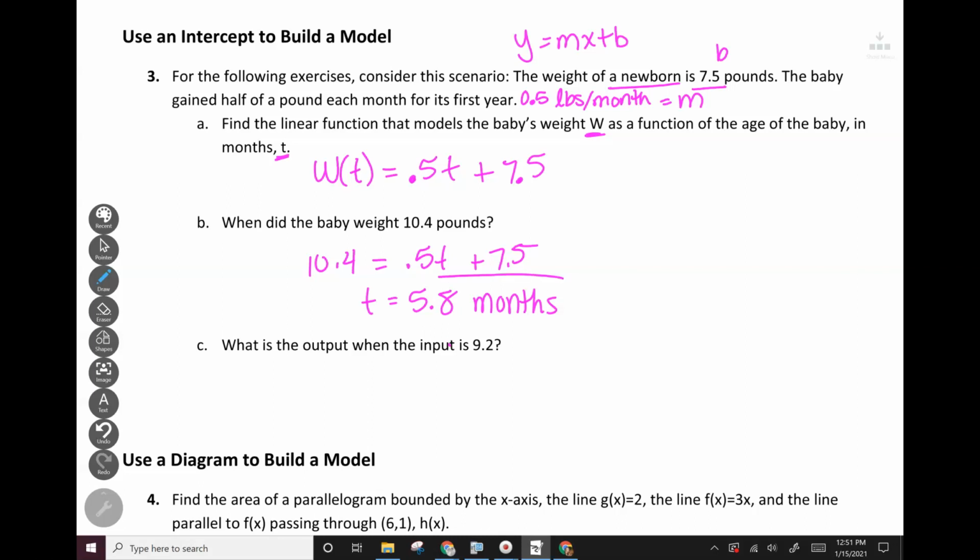Now C. What is the output when the input is 9.2? If the input is 9.2, then they're saying 9.2 months, right? Because our input is t, and t is in months. So we're doing w of 9.2, and we're going to see what the output is. That's going to tell us how much the baby weighs. Plug in 9.2 here.